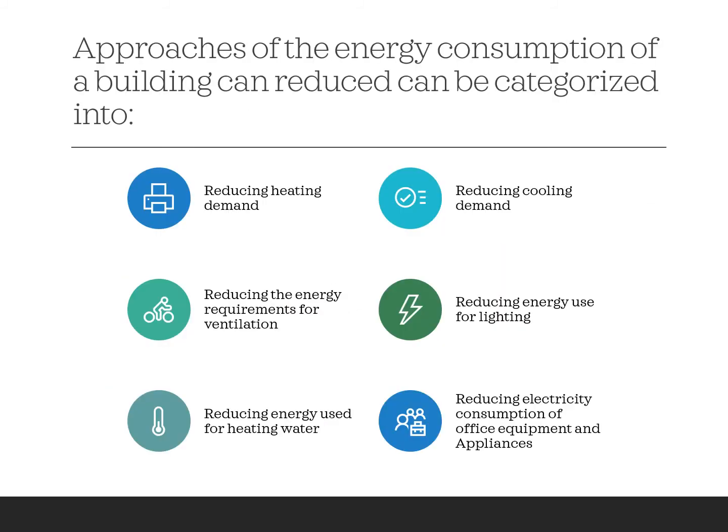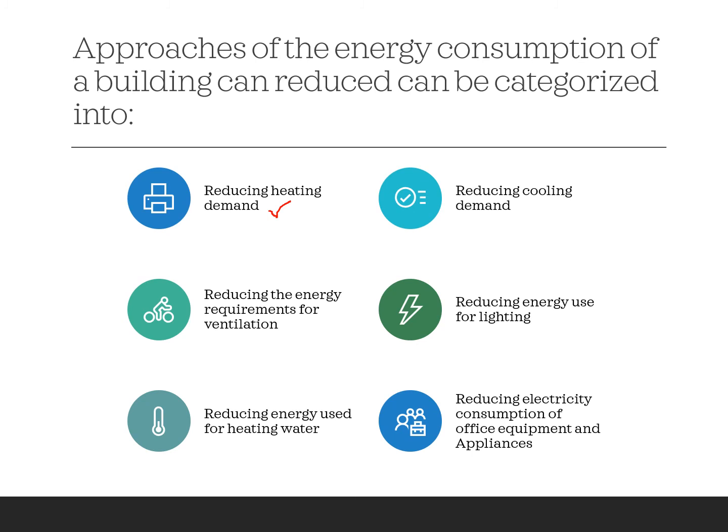Okay, some approaches for an energy saving building we categorize into 6 points, or 6 factors, or 6 aims. First, we need to reduce the heating demand, so we have an approach for this.